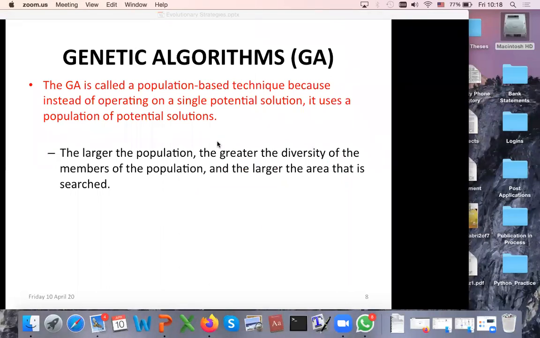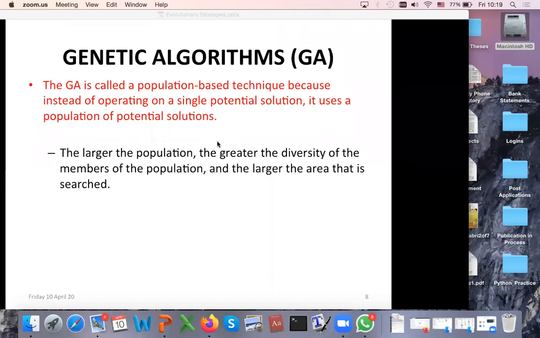So up to now, we know that genetic algorithm is an algorithm which is population based, because we have got this understanding now that we have some kind of population in genetic algorithm that we have to maintain, and in that population we don't have only one or two potential solutions.